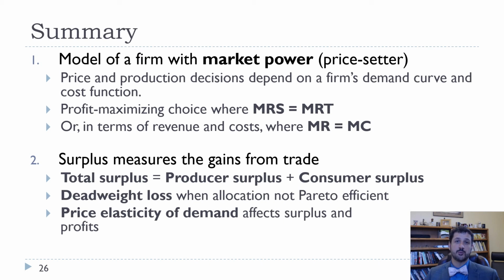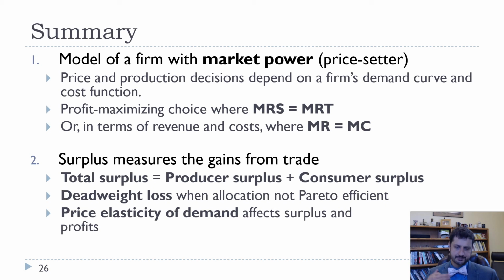And then we talked about surplus and how the total surplus is producer surplus, which is price minus marginal cost, and the consumer surplus, which is willingness to pay minus price. And in situations in which firms have some market power, it's not a Pareto efficient solution, because firms are not producing at that place where the marginal cost meets the demand curve.